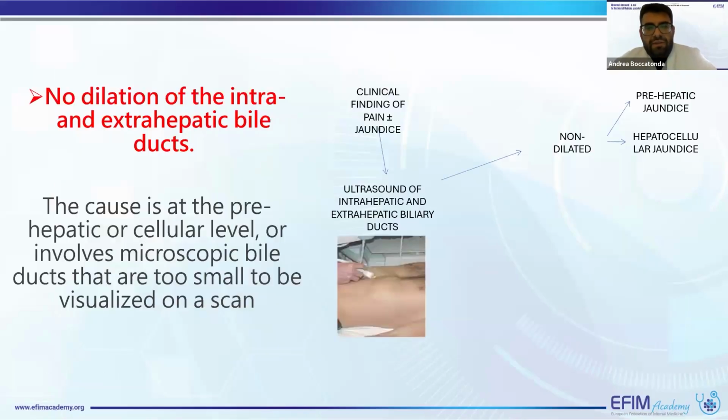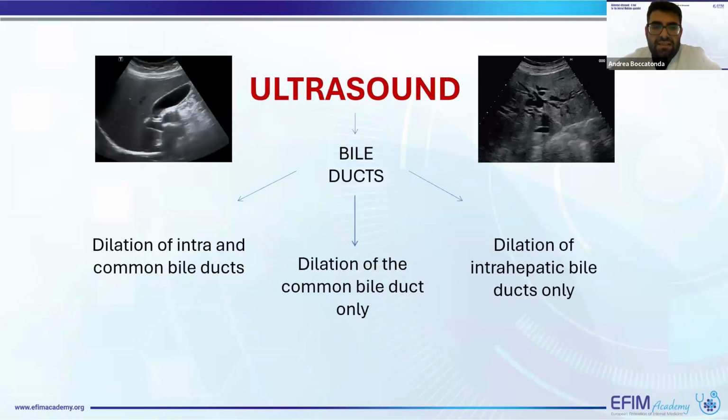In particular, when we have no dilation of the intrahepatic and extrahepatic bile ducts, we should refer to prehepatic or cellular level disease, such as several forms of hepatitis, acute hepatitis, or hematological disease.